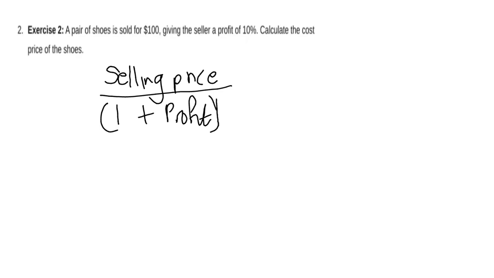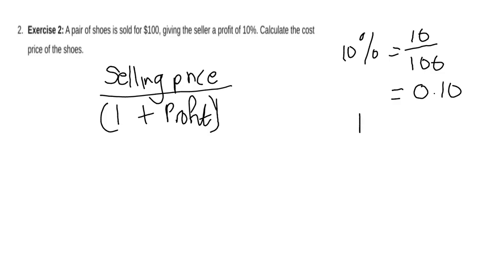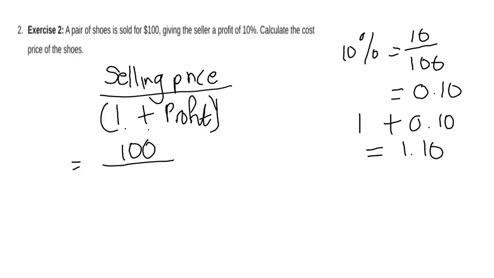An easy way is to always remind yourself that the 10% is expressed as 10 over 100, and that will give us 0.10. So if we add the 1 plus your profit, which is 0.10, because this still represents 10%, we have 1.10. All right, so our selling price here, it tells us it's 100.